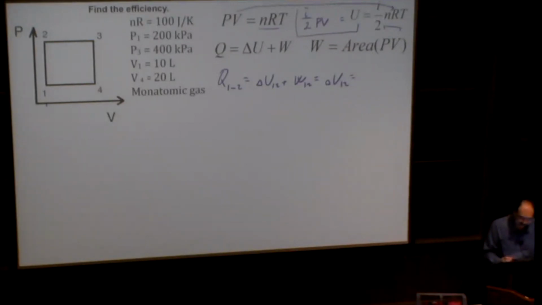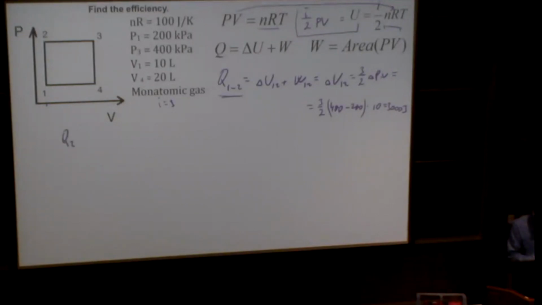And in this situation, the volume remains constant, so it's a common factor. It's a monatomic gas, I equals 3, so 3 over 2 delta P times V. Only pressure changes, and that gives me 3 over 2 times (400 minus 200) times 10. 400 minus 200 is 200, 200 times 10 over 2, so 3,000 joules. Positive. Good. That's the first part of QH.